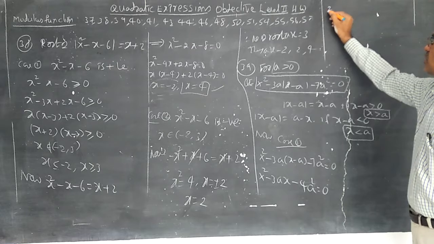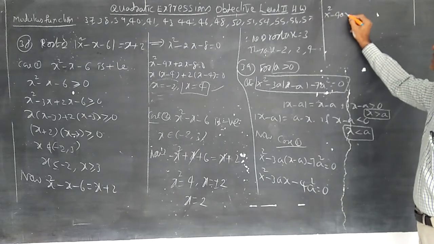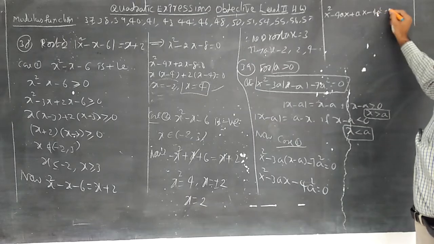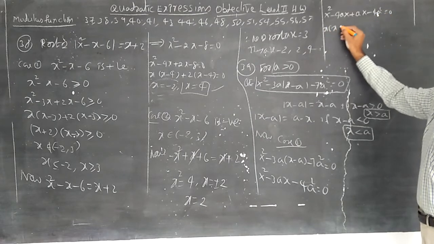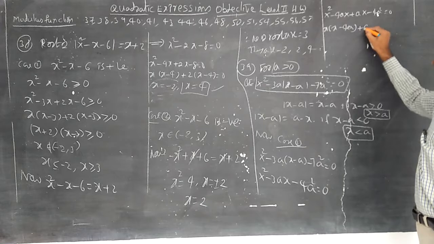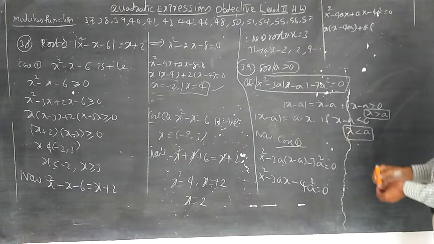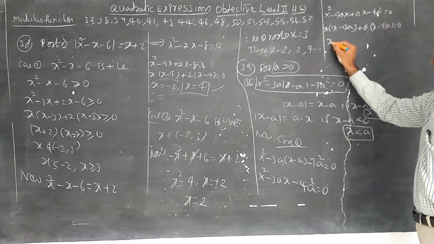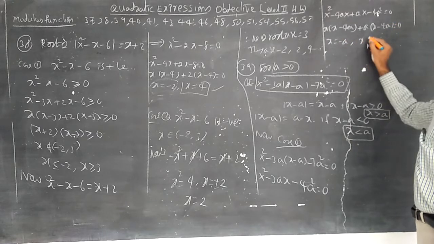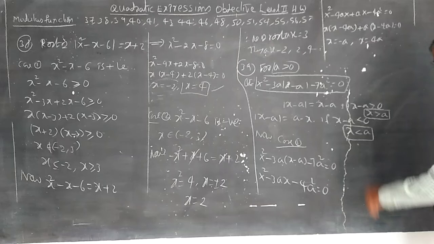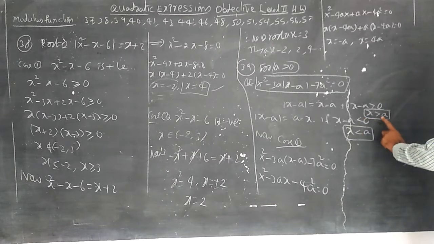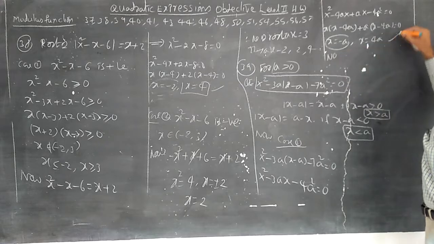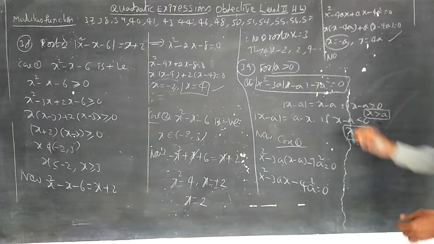By splitting the middle term, x square minus 4ax plus ax minus 4a square equal to 0. x taken common, it becomes x minus 4a within the brackets, and a taken common, here also x minus 4a equal to 0. So x is equal to minus a, x is equal to 4a we got. The condition is x should be greater than a, not minus a. So this is no, this is yes. x equal to 4a is one answer.